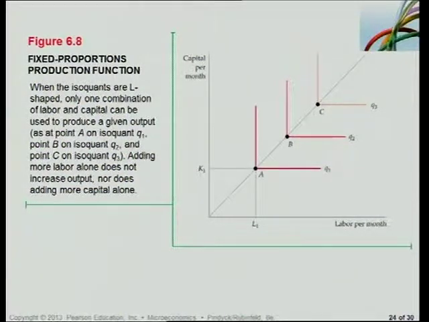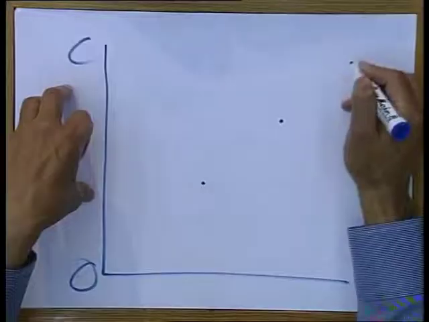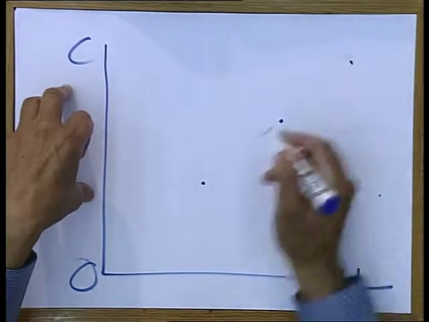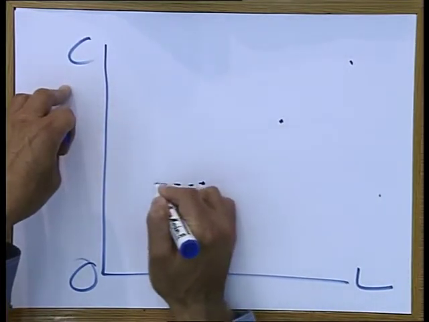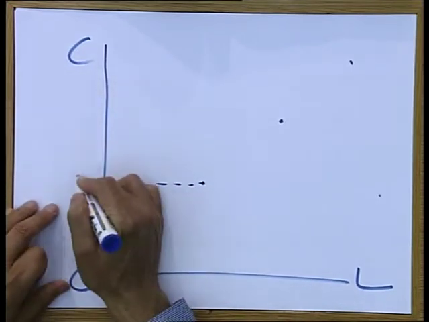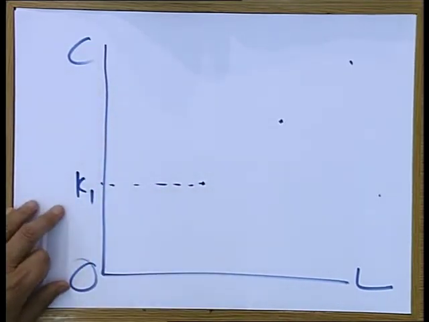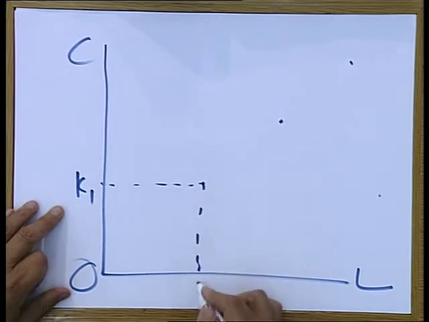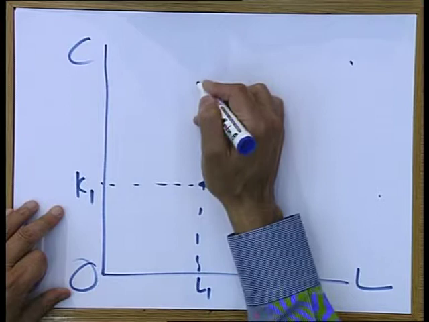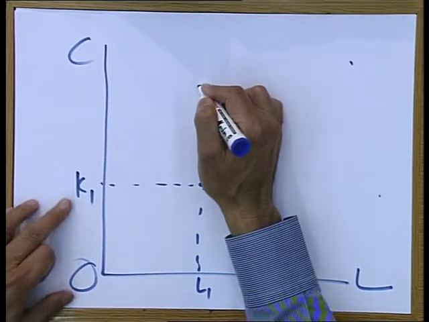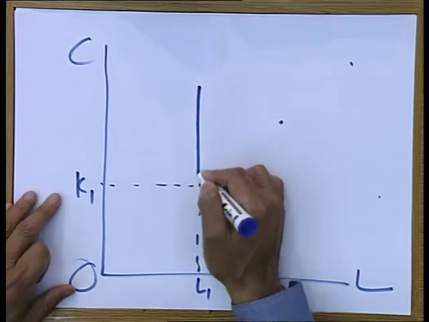You will see it's L-shaped. Now, you have 3 points here, A, B, and C. And then you will see the shape of this curve. Let's look at point A. You use K1 units of capital, and you use L1 units of labor. That gives you this combination. Now, to draw the production function for this combination, right?